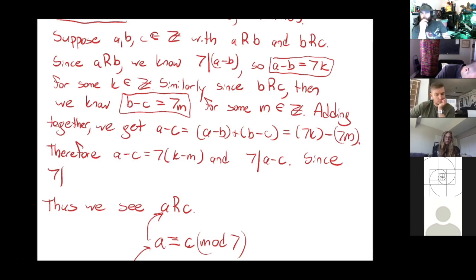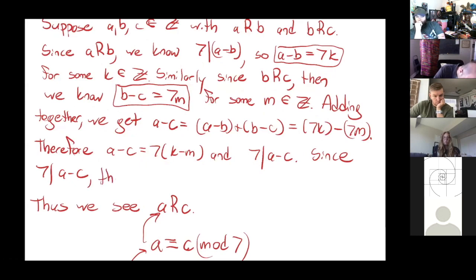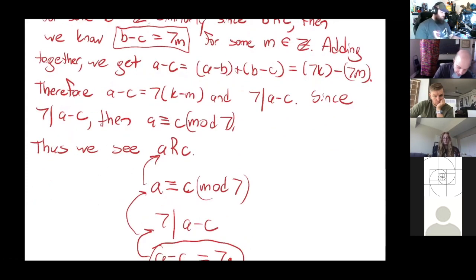And since we got that 7 is now a divisor of that difference, then we know that they are related. They are congruent mod 7.